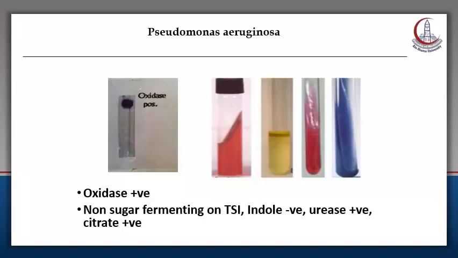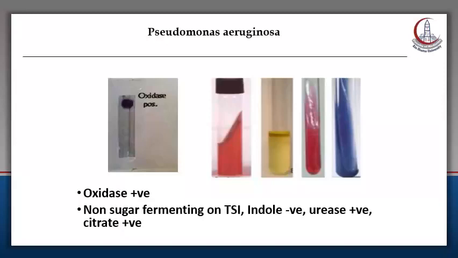The last two slopes are the urease and citrate. For the result, urease is positive, as the negative one is yellow. Don't forget, the positive is pink in color, so urease is positive, and citrate is also positive, as the positive is blue.